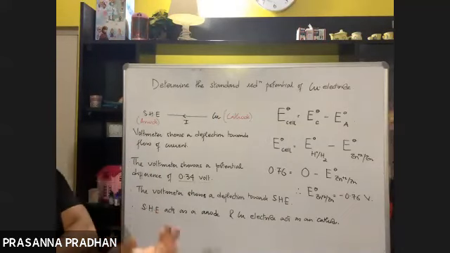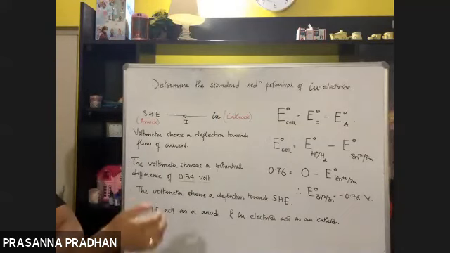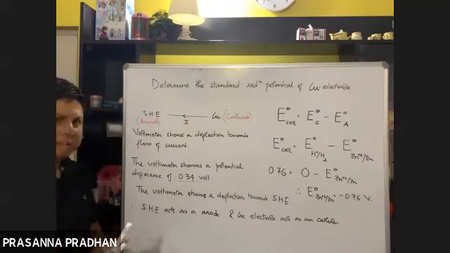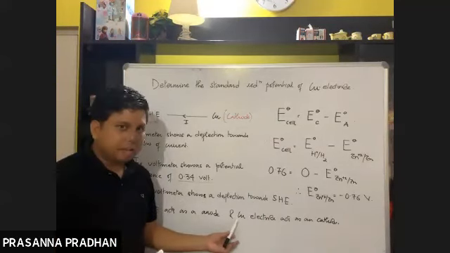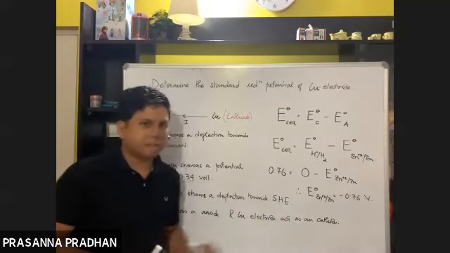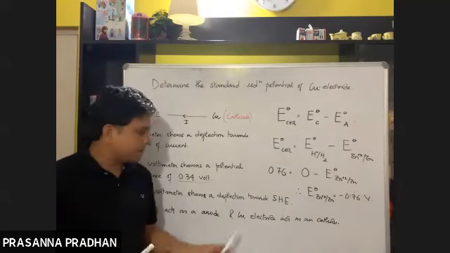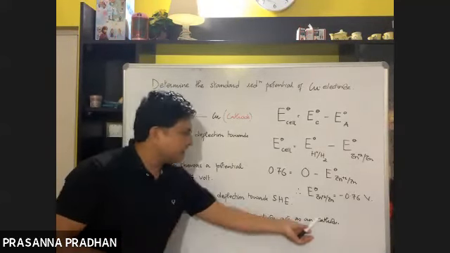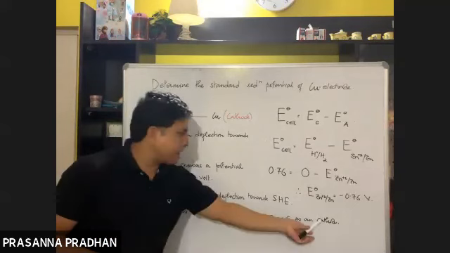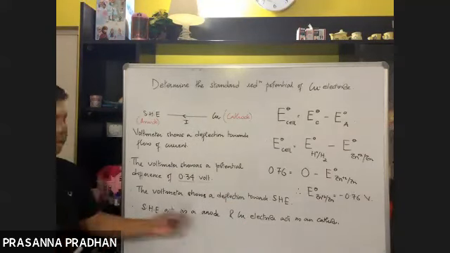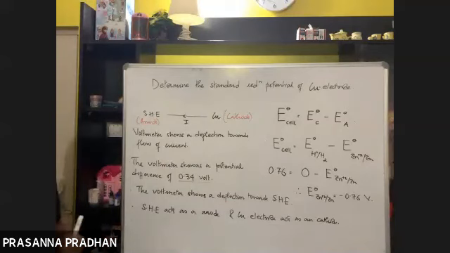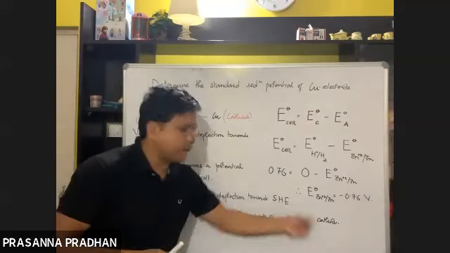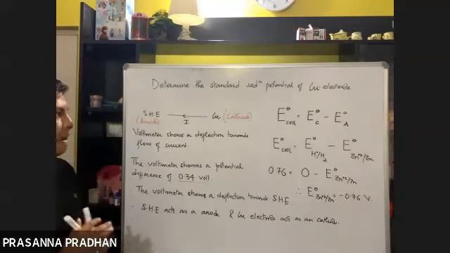In case of copper electrode, copper behaves as a cathode. It's easy. C, copper behaves as a cathode, CC. You'll never forget it. Try to remember in this way: copper behaves as a cathode, zinc behaves as an anode.